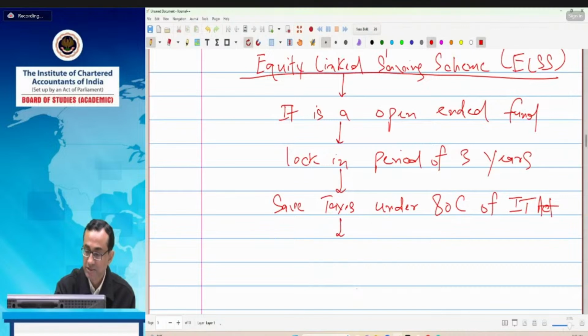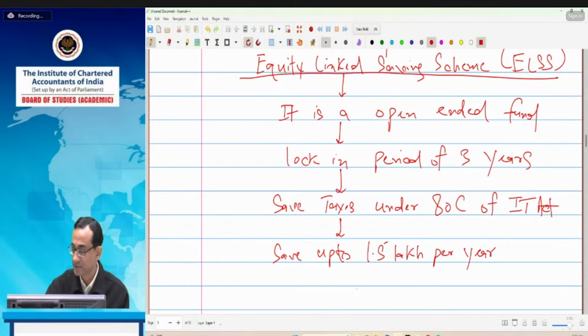So basically, the investor can save up to 1.5 lakh per year under 80C of the Income Tax Act.